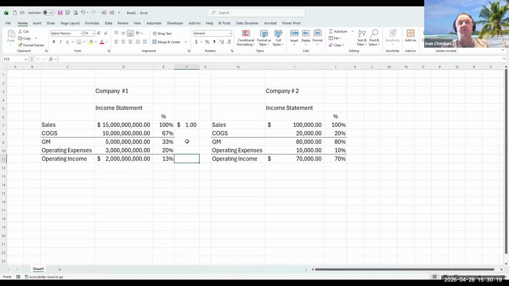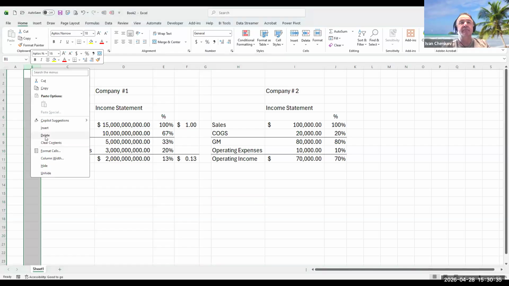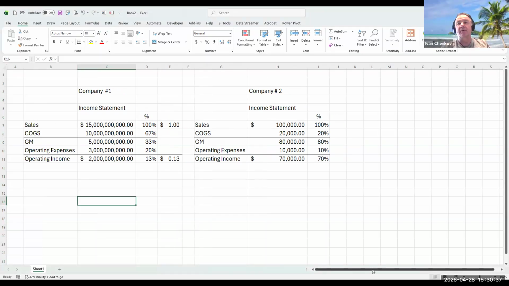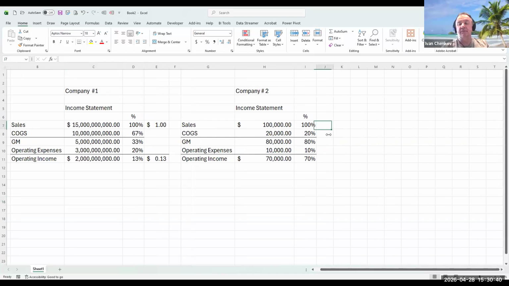So for every dollar of sales, this company is going to generate 13 cents. Make sense? How about the other company? In the other company, if I sell $1, how much will be my operating income?